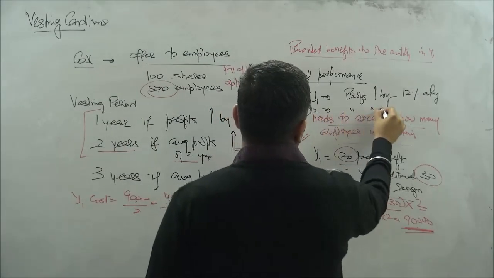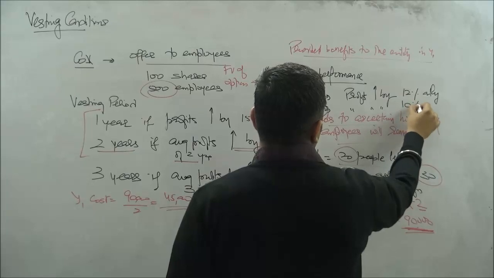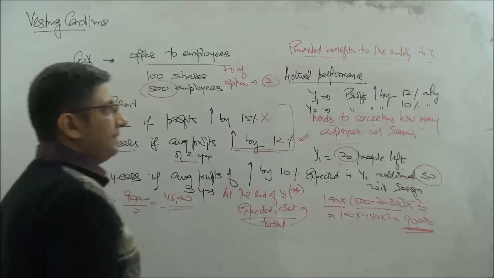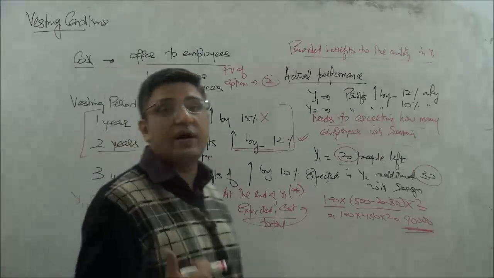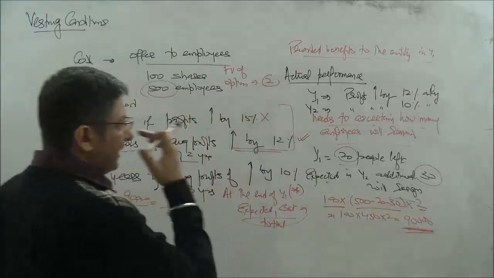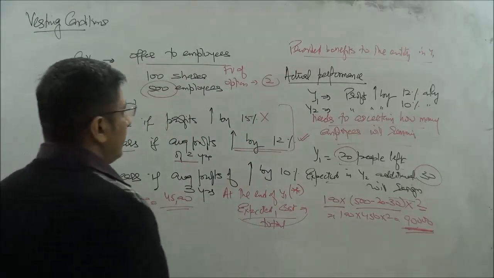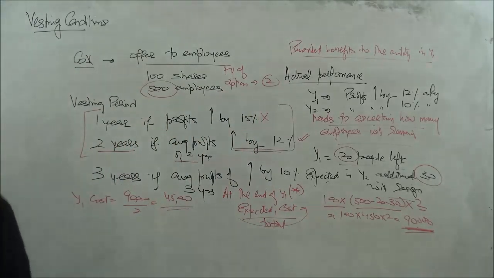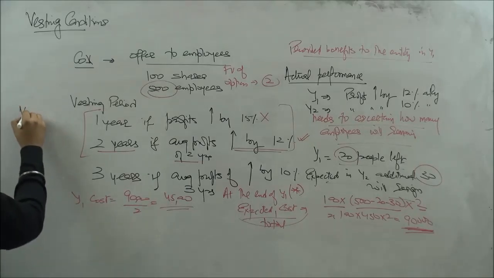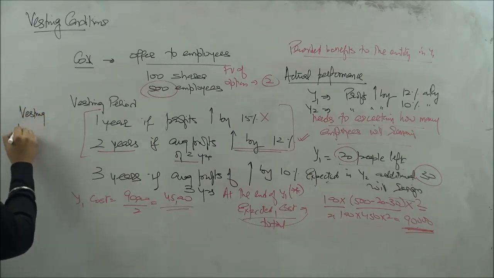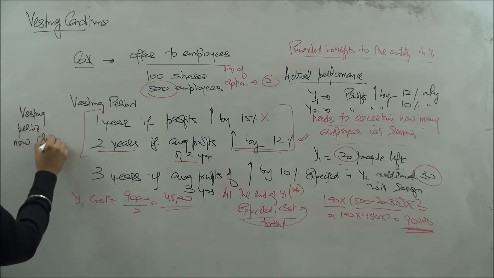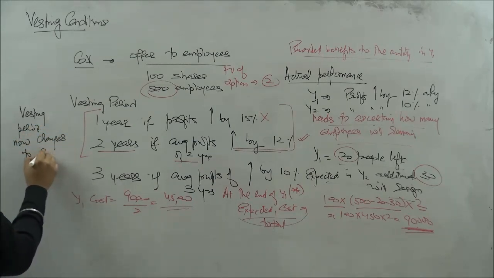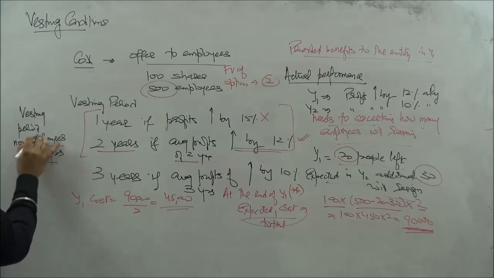So profits have increased by 10% only. Okay, right? So now everybody is considering what is going to happen next. Say for example, you need to again look at the vesting period, which now changes to 3 years.